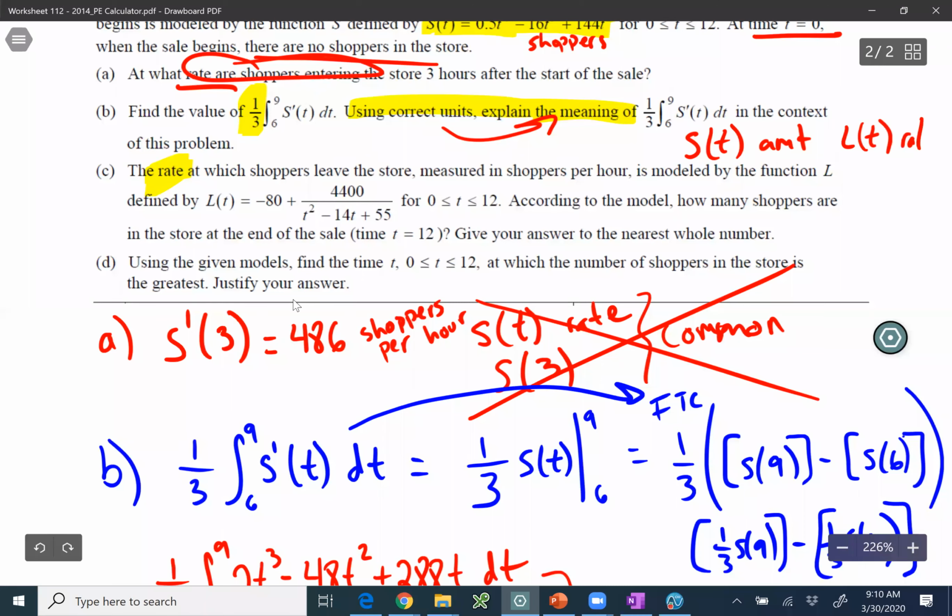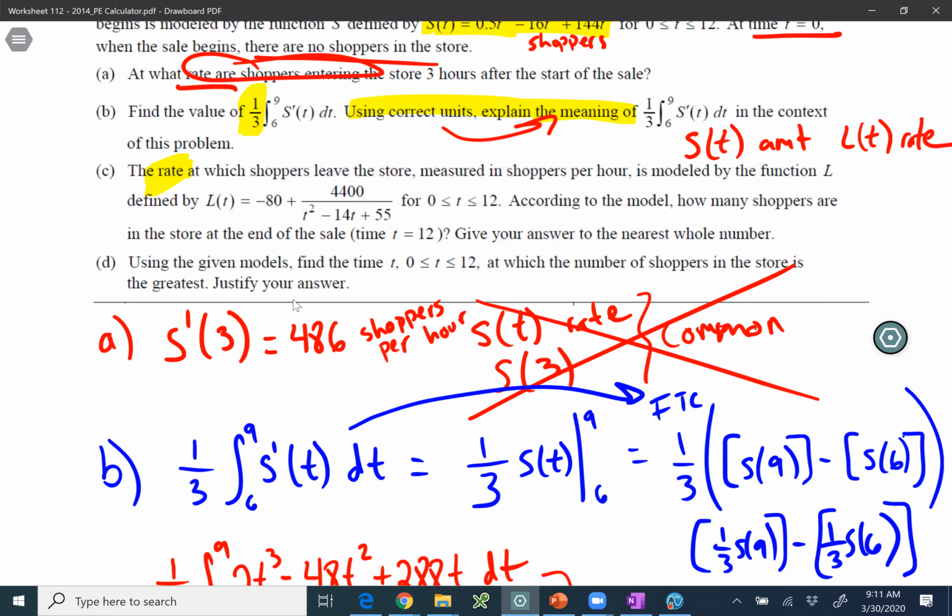So those are two different things. They're slightly different. So the rate at which shoppers leave the store measured in shoppers per hour is modeled by the function L of t equals negative 80 plus 4,400 over t squared minus 14t. According to this model, how many shoppers are in the store at the end of time 12?